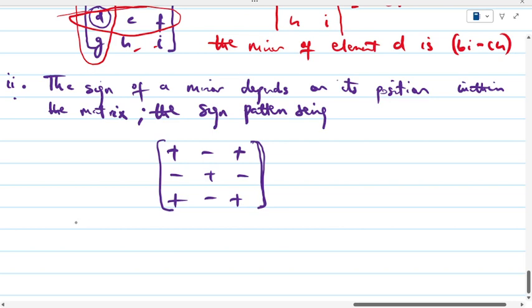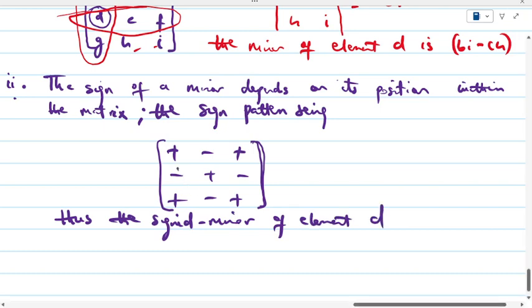So for our previous matrix, we check now. Does the signed minor of element D, don't forget the position of our element D, that will be negative.